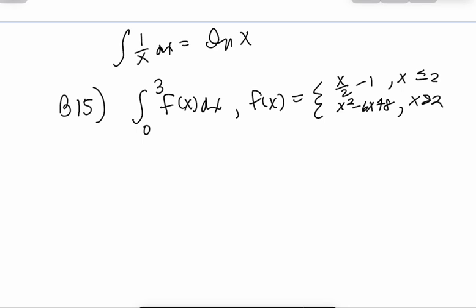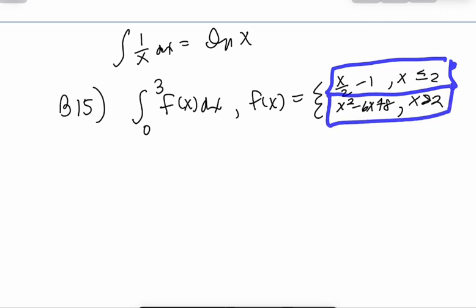Would you agree that from 0 up to 2, I have to use that, right? Because the function's graph only exists using this from 0 to 2. And then from 2 to 3, I have to use that. So that's the key to this problem.